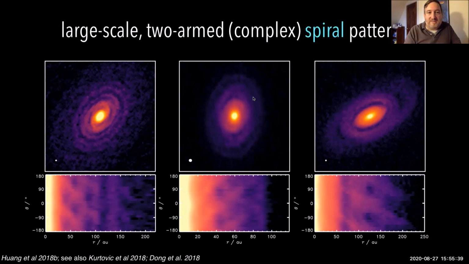But indeed, you can make these kinds of spiral patterns, particularly in the gas, through dynamical interactions with the perturber. I'm trying to think, is it HD 100546 that has an M-star perturber and a nice spiral pattern, and there are some really nice simulations of that. I'm sorry that I'm blanking on who did that study, but indeed that is the case.